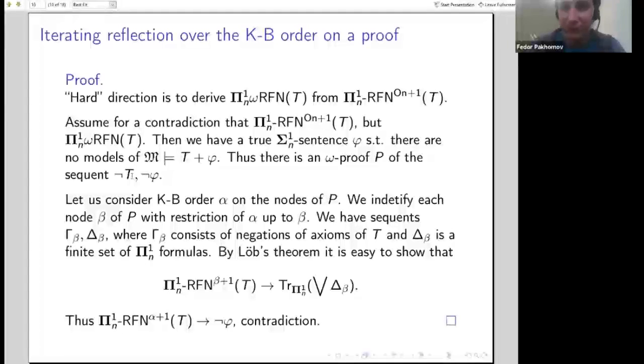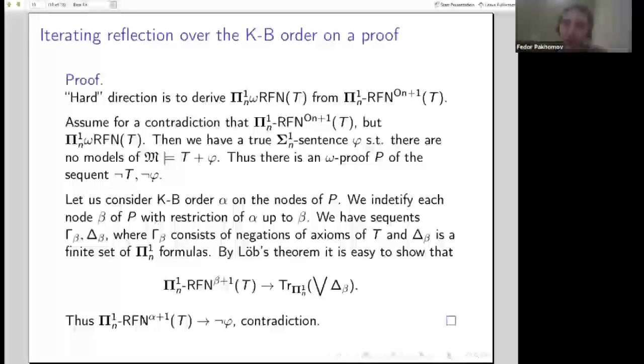This gives us an omega proof. And then we iterate reflection along the Kleene-Brouwer order of this proof. Then it's possible to show that iteration up to a certain point in this Kleene-Brouwer order implies the truth of the sequent at the corresponding node.